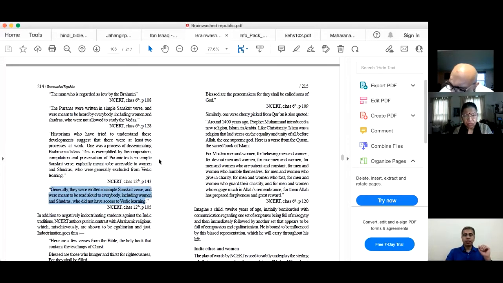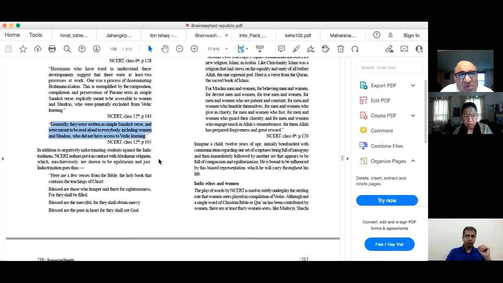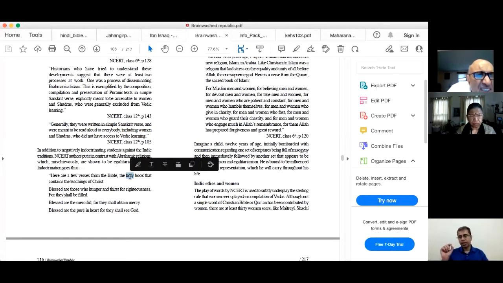Then they move on to page number 109 of the same book. What do they say there? Here are a few verses from the Bible, the holy book that contains the teachings of Christ. Now remember, Bible is a holy book, but the same term holy has not been used with any Hindu text, not with Vedas, not with Puranas, not with Mahabharata, not with Ramayana.